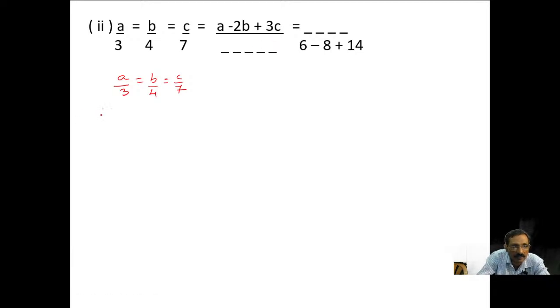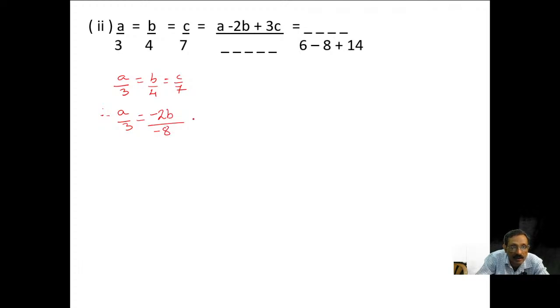Therefore, a upon 3, and to get minus 2b, we multiply it by minus 2. Minus 2b, and if I multiply the numerator, the denominator also has to be multiplied. So I multiply this 4 by minus 2, what do I get?